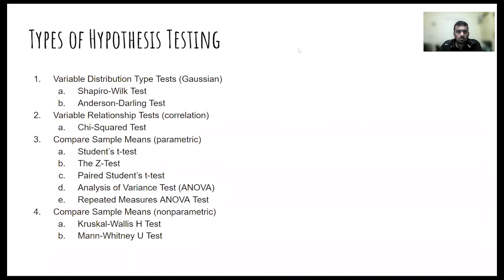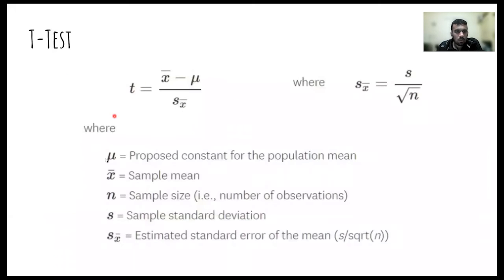So basically, this is the mathematical formula of the t-test, where x bar is the sample mean. Sample means the small data set that we are focusing on, and mu is the proposed constant for the population mean. So mu represents the mean of the entire population or the bigger data set.